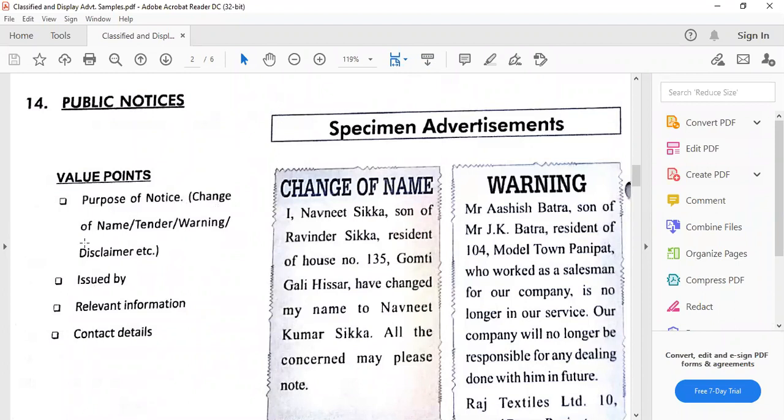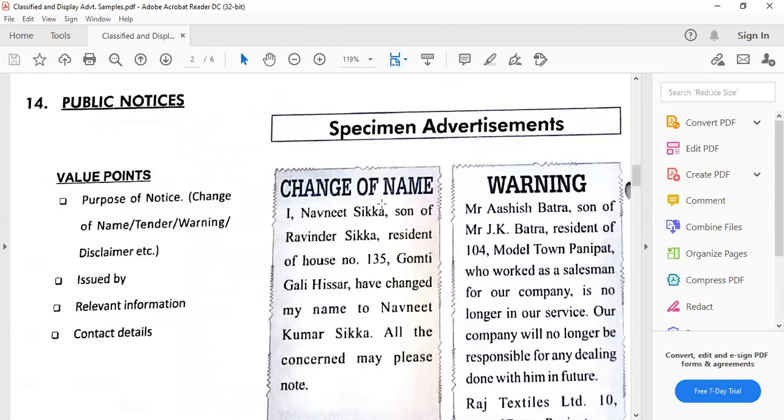It may be the change of name, some tender you want to give, warning, disclaimer, you want to disclaim someone of your property, जैसे कोई फादर और बेटे का झगड़ा हो गया या दो भाइयों का झगड़ा हो गया, तो वो एक दूसरे के लिए डिस्क्लेम करना चाहते हैं, तो in this form the notice can be given or the warning can be given. Issued by, कौन उस नोटिस को दे रहा है, that must be mentioned, relevant information and contact details.